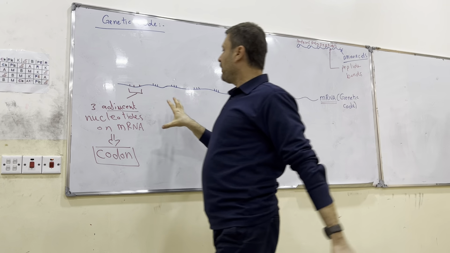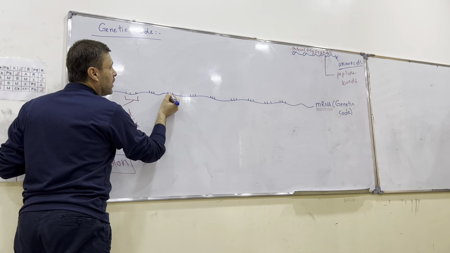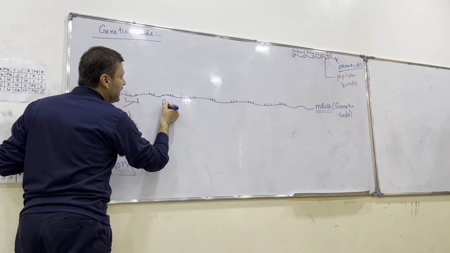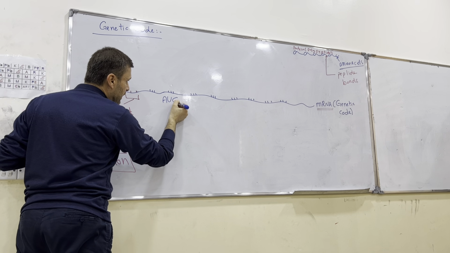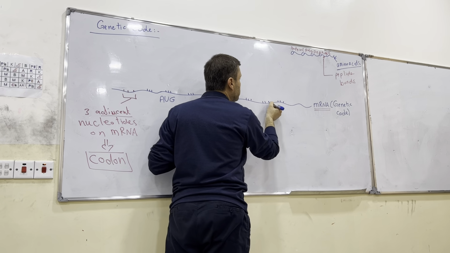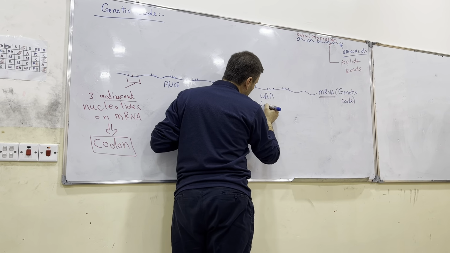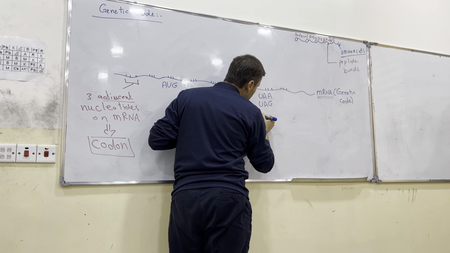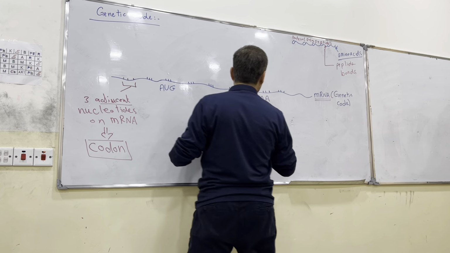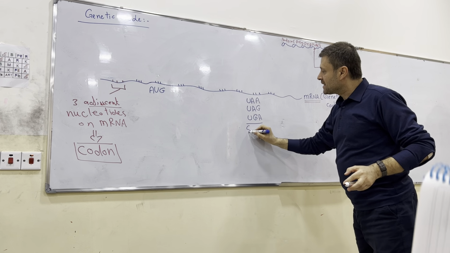As I said, three adjacent nucleotides are called a codon. A special codon on the mRNA is called AUG. And also we have three special codons called UAA, UAG, and UGA on the mRNA, which I call stop codons.